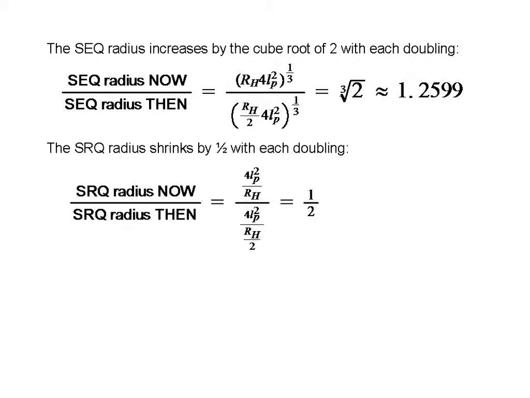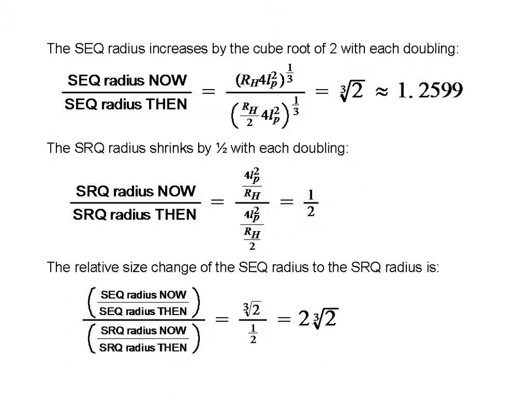The SRQ radius shrinks by 1/2 with each doubling. Again, we take the SRQ radius now, divide it by the SRQ radius then, and we get 1/2. So it is shrinking while the SEQ radius is increasing.